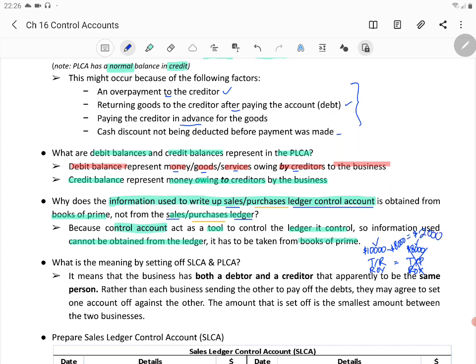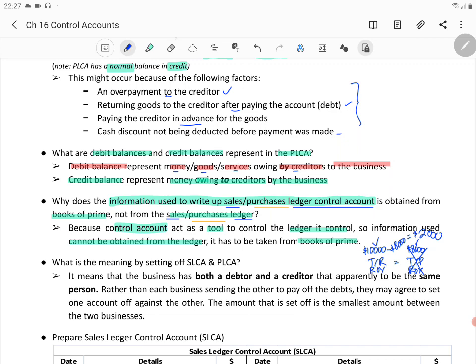Now, instead of Roy paying you 10,000, he just pays you 2,000 and then it is all settled. You don't have any more debts to Roy, and Roy has settled his account to you. That is why setting off the SLCA and PLCA is necessary when TR and TP are apparently the same person.